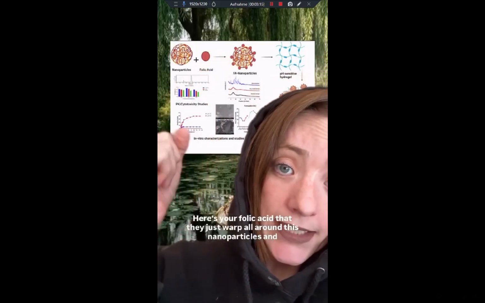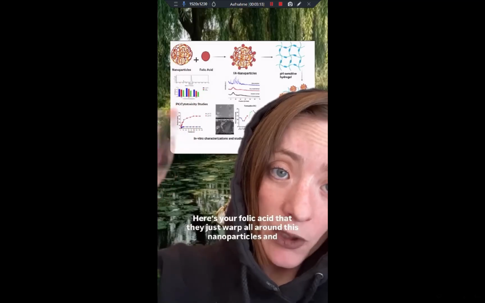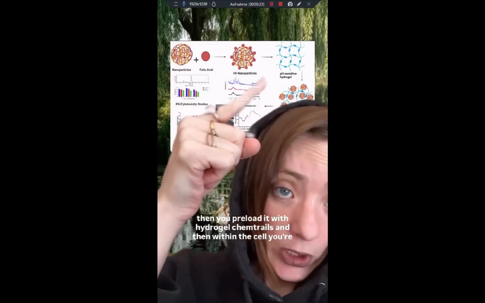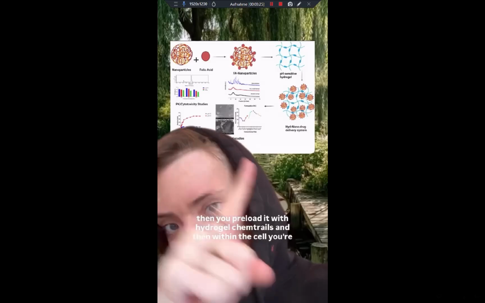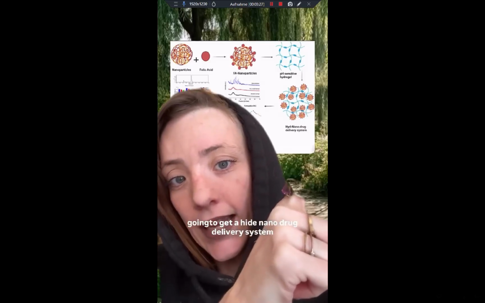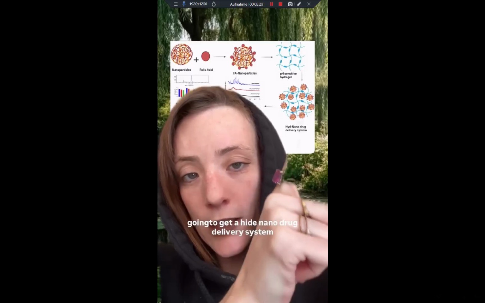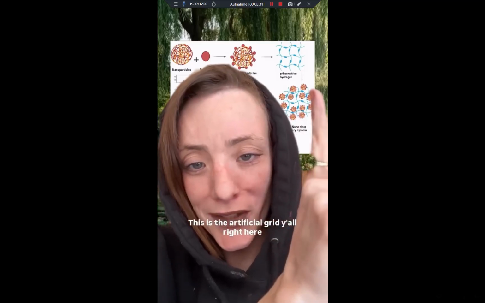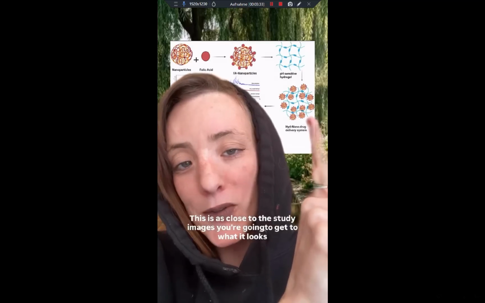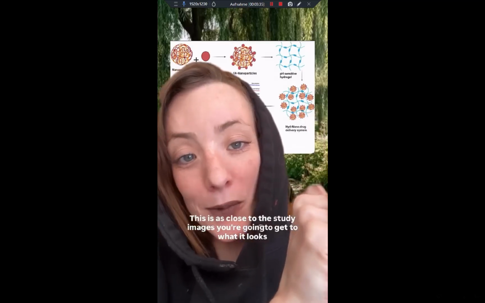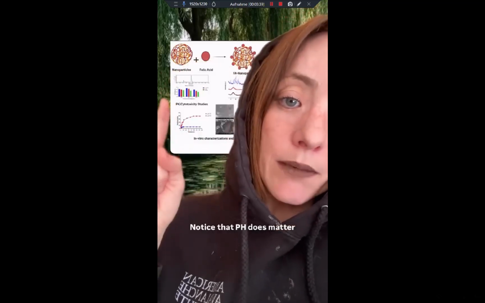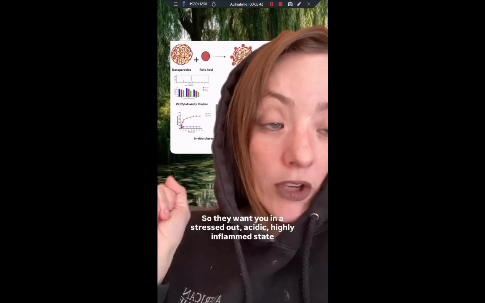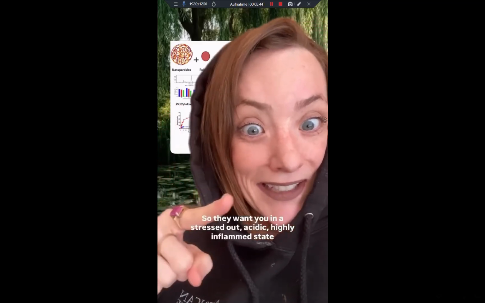Here's your folic acid that they just wrap all around these nanoparticles, and then you preload it with hydrogel, chemtrails, and then within the cell you're going to get a nano drug delivery system. This is the artificial grid, y'all, right here. This is as close to the study images as you're going to get to what it looks like inside your body when you become a battery.